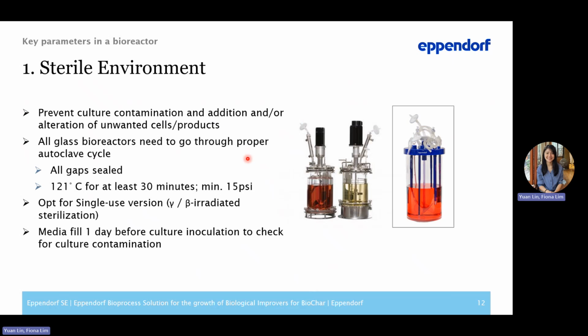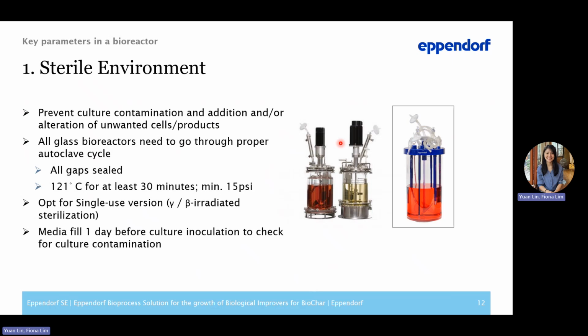And we'll run the cycle at 121 degrees Celsius for at least 30 minutes and with a minimum pressure of 15 psi. So we will stick an autoclave tape on the bioreactor as well to ensure that the cycle actually passes and reaches 121 degrees Celsius within the autoclave itself. So that is one of the options to keep a sterile environment for your organism to grow.